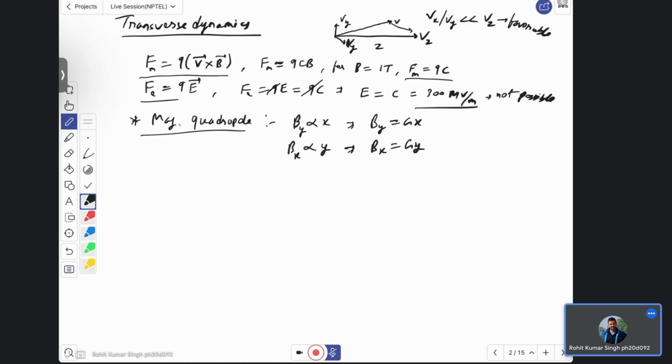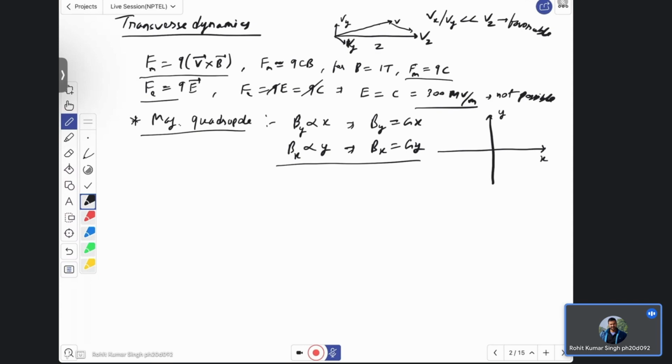Okay, so this type of magnetic field produces a force. I'll just show what the direction of the force is in the transverse direction.